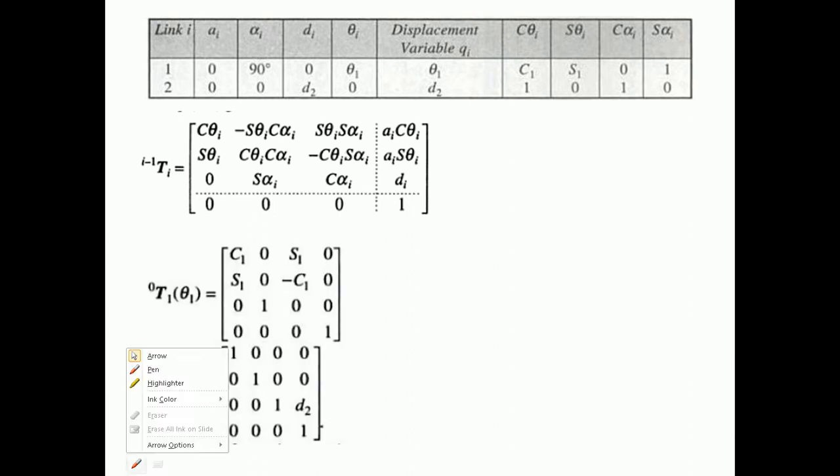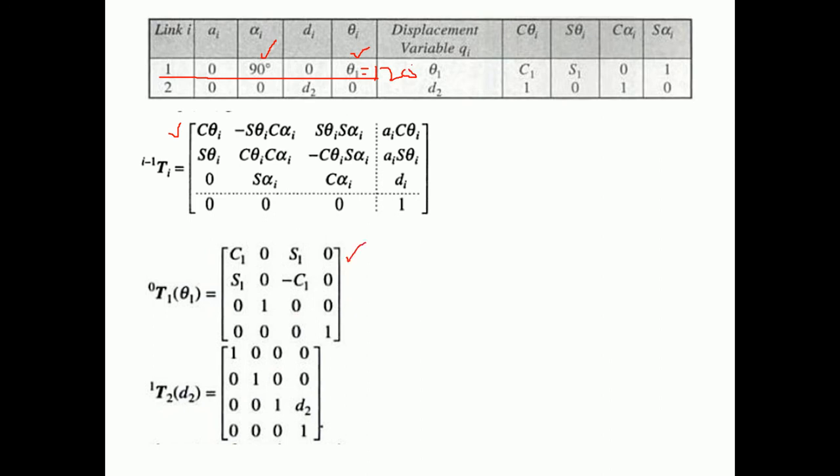So after putting the values in this homogeneous transformation matrix, for joint 1, these 4 parameters are going to be put in this value. For alpha we have to fill 90, and for theta we have to fill 120 degree. So after filling we got this equation, and for joint 2 we have d2 equal to 0.2 meter.